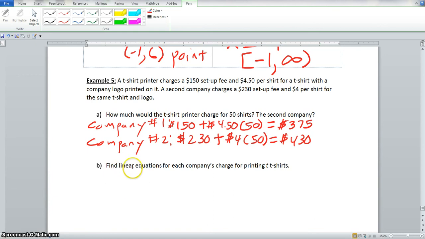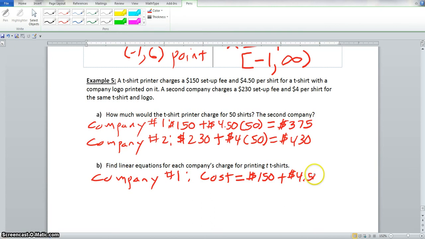Now we have B. It says find linear equations for each company's charge for printing t-shirts. So we will write company 1 again. Now company number 1 equation is we'll have our cost is equal to the setup fee, which is $150, plus the cost of each t-shirt, which is $4.50, times the amount of t-shirts.